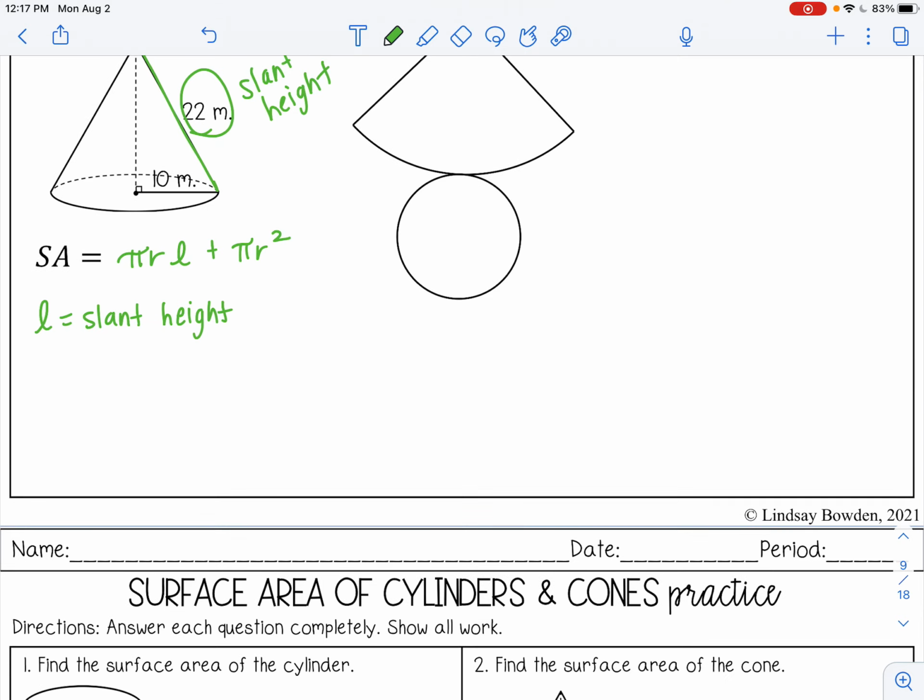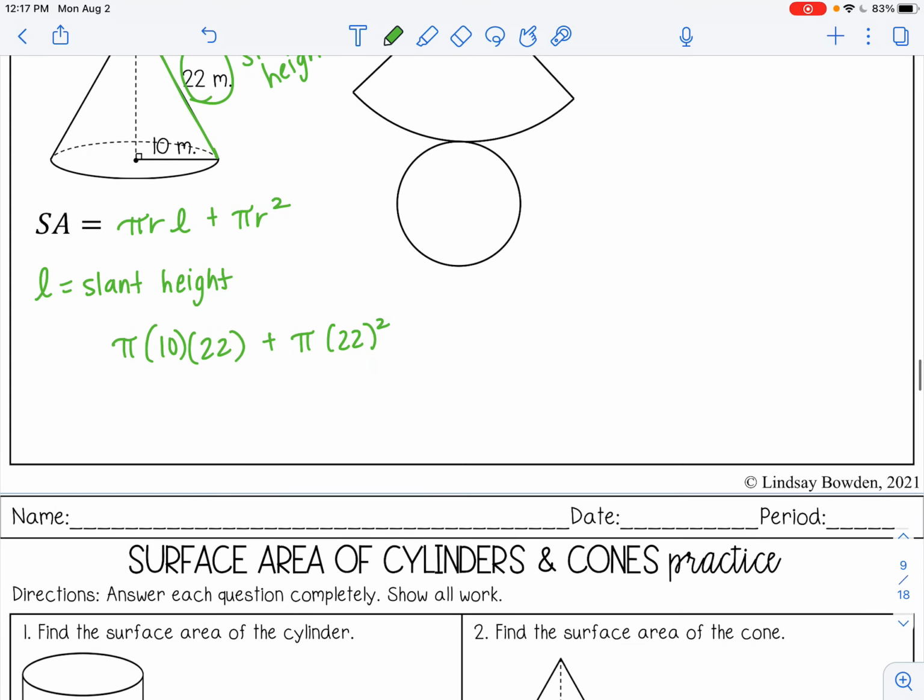Alright, so let's go ahead and use the formula. So pi, my radius is 10, my slant height is 22, plus pi 22 squared. This would be 220 pi.